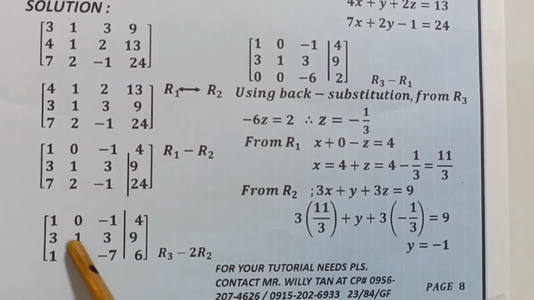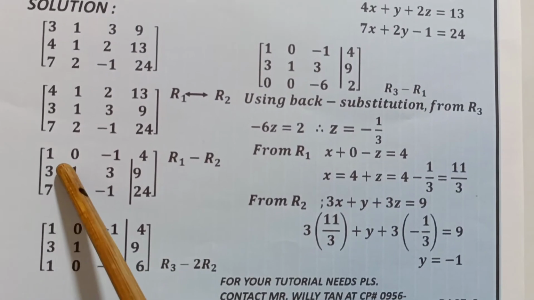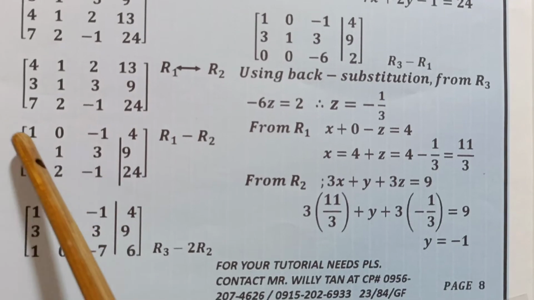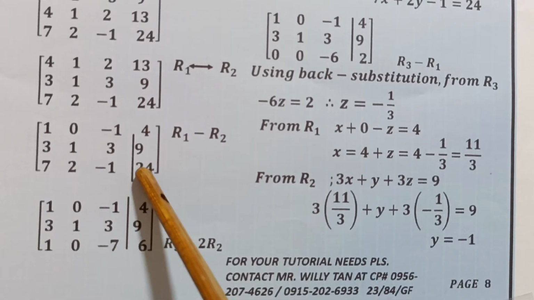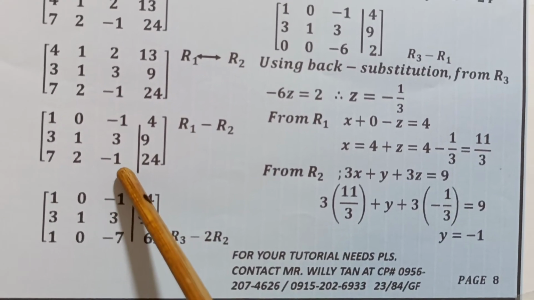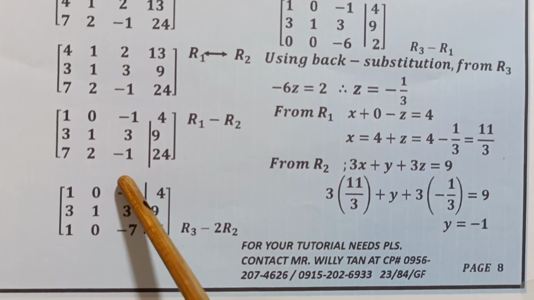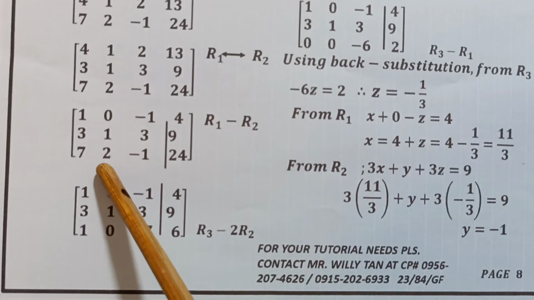So having this equation here, as you can see, we have 2 1s here. So you want to make this as much as possible to be 1, or 0 here.